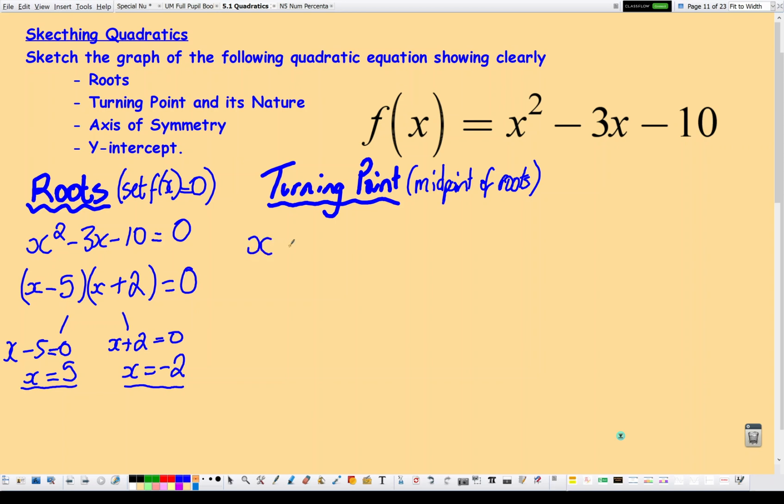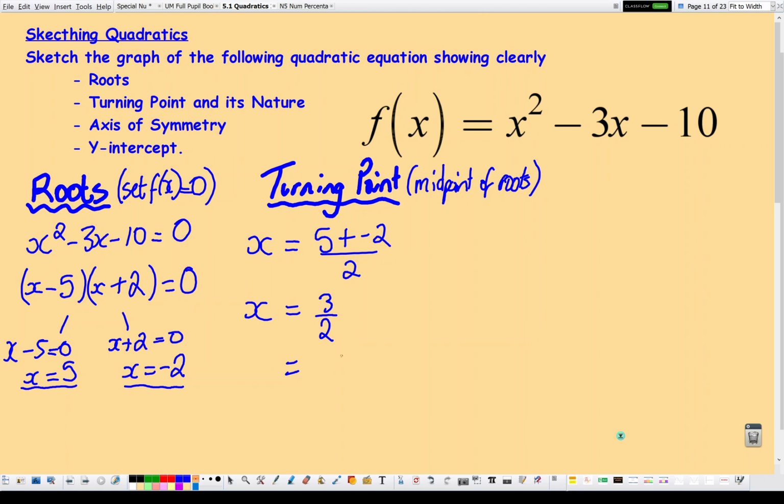So I want to find my x value for my turning point, which is the midpoint of the two roots. So find the average of the two roots: 5 add minus 2, divided by 2. So that is 3 over 2, or 1.5. We can keep it as 3 over 2. So x equals 3 over 2 is the x value.